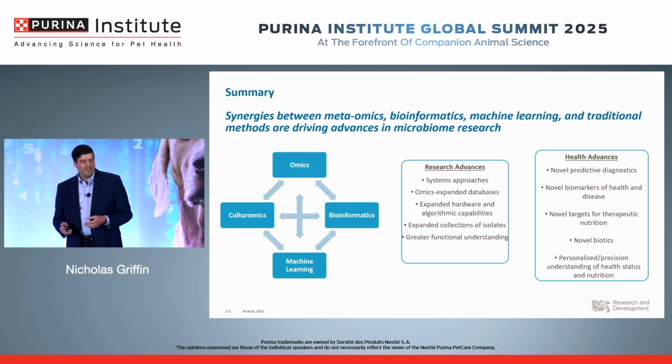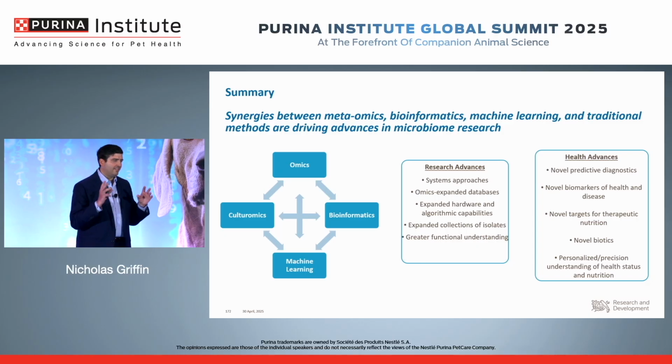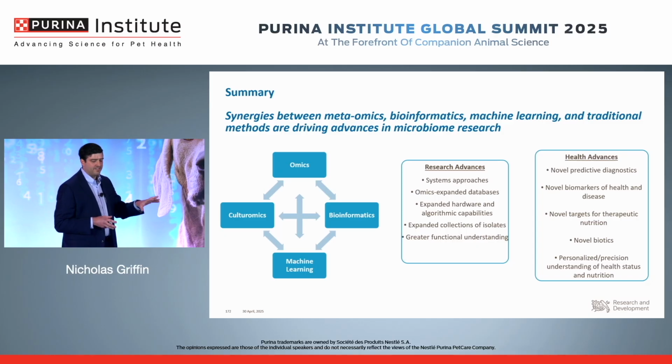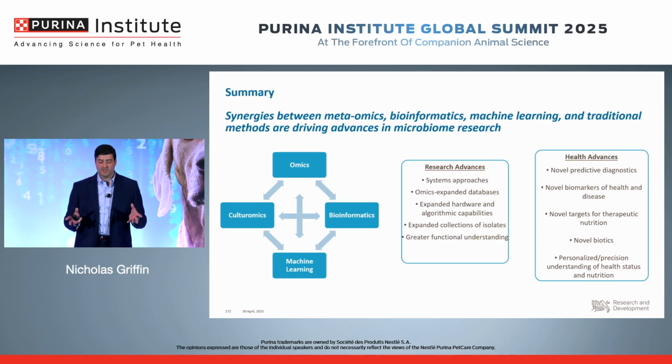So in summary, the examples that I've selected, I really wanted to demonstrate that the synergies between these methods are helping drive advances in microbiome research and how it influences health and nutrition. So on research advanced sides, these are opening up new systems approaches that take multiple omics into account, looking at multiple systems within the host.